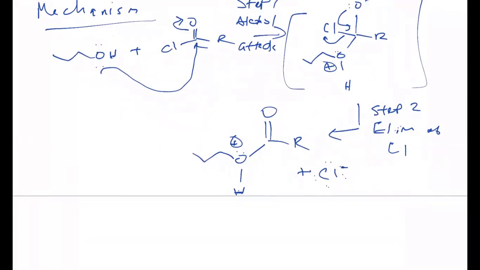So now your chloride can just do a proton transfer. Sometimes this is done with a base present, like pyridine or something like that, to activate your alcohol, but this mechanism is also plausible. So you can go in and do a proton transfer here. And then that'll get you to your product, which is the ester.